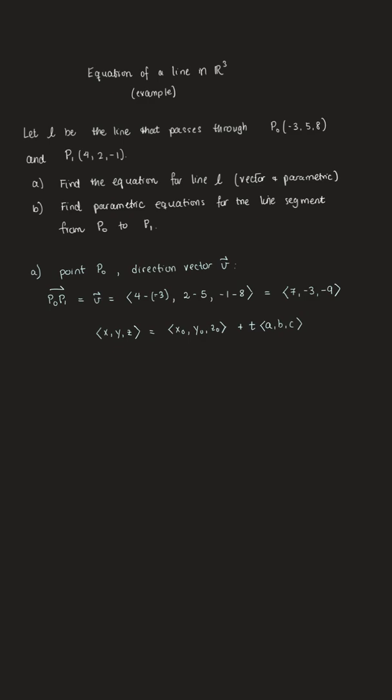So now the vector equation will be x, y, z equals our point P sub 0, negative 3, 5, 8, plus t times our direction vector, 7, negative 3, negative 9. This is our vector equation.